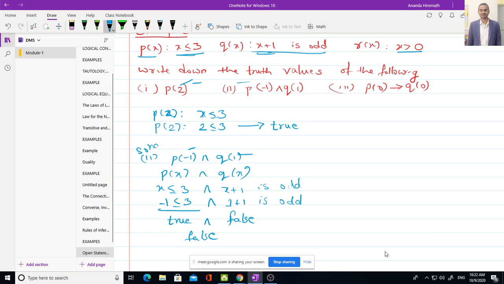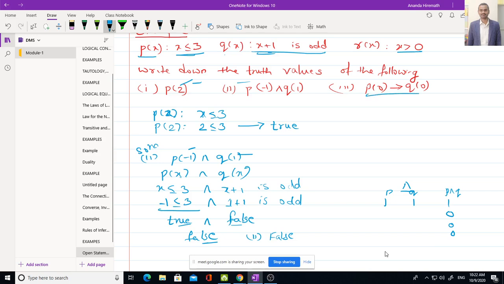You just remember the truth table for and. There we had 1 1. So if I write p q, p and q will be 1 only in this case. In all remaining cases it will be 0, that is false. So in this case true and false is false. So I can say that the second example is false.